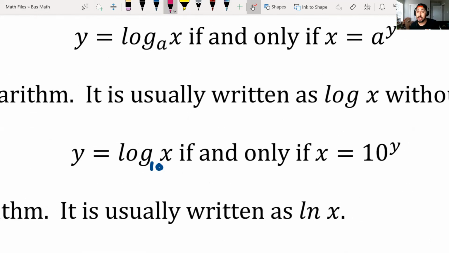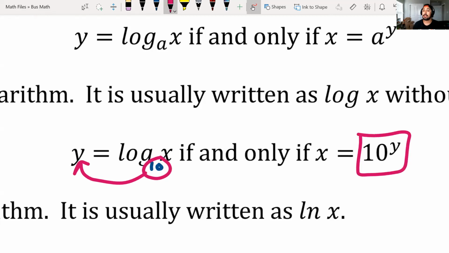And then you can now rearrange from log to exponential, which means base 10 raised to the outside number of y, which is right over here on the right side, 10 to the y, equal to the inside number of x, which is right there. That's it. That's all.